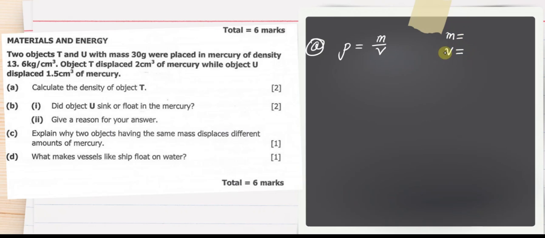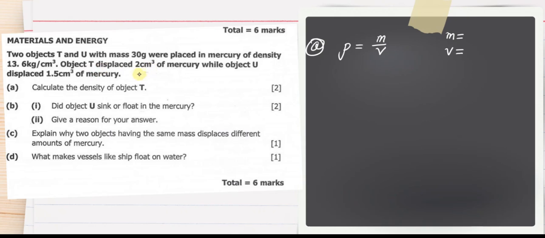Let's see from the question if we can see the mass, because we are told two objects T and U with mass 30 grams were placed in mercury of density 13.6 kilogram per cubic centimeters. Object T displaced 2 cubic centimeters, meaning this is the volume of object T here.